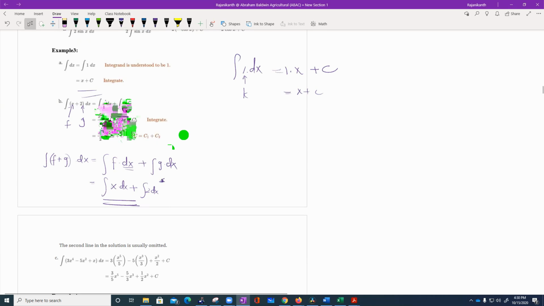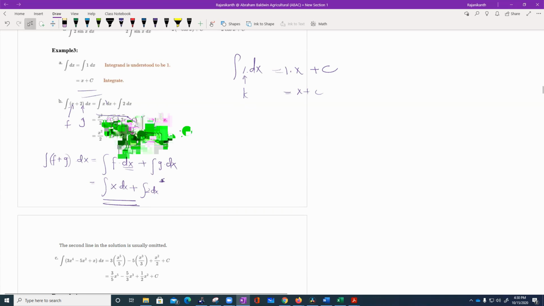Now the second integral is what? The integral of a constant is the constant times the variable x. So now you are putting in another constant. Remember, these two are constant values, so I could add these two, right? After adding these two, you could label that new constant as another constant c. It is possible, right? So I'm relabeling these two constants as a new constant c.